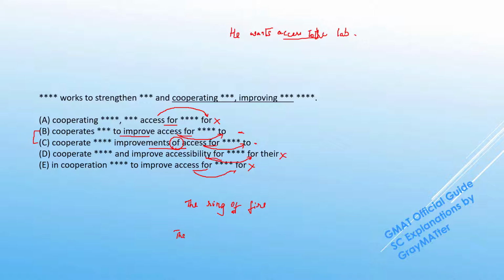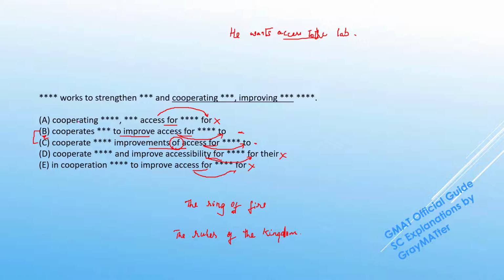And what if I said the ruler of the kingdom? This would mean that he's the ruler that belongs to the kingdom. So if you try to apply the usage of this preposition of, we can see that neither of these meanings actually make sense when we say improvements of access. So this is the meaning problem with C, and we can get rid of that, leaving us with the right answer choice, B for Bravo.